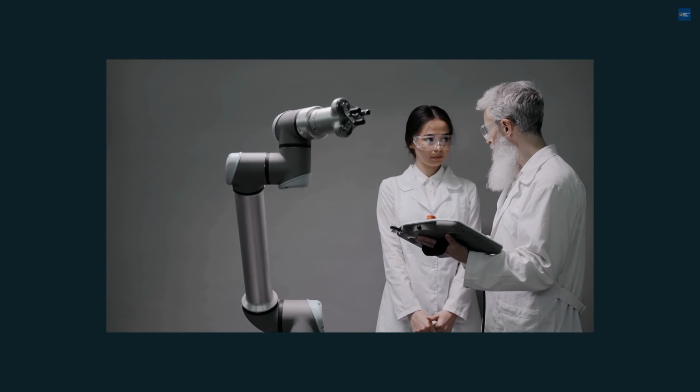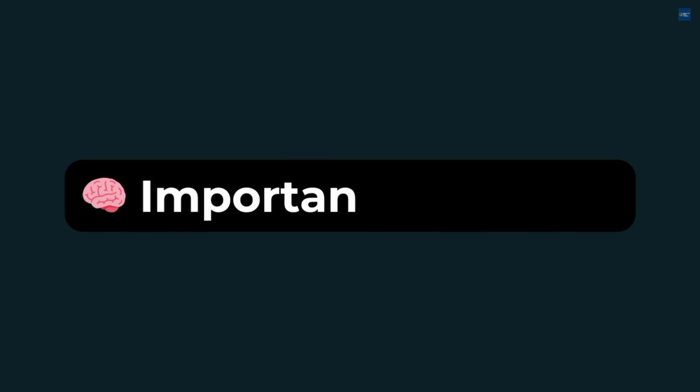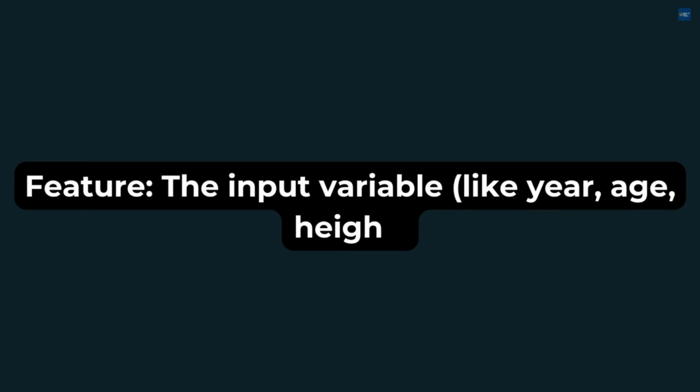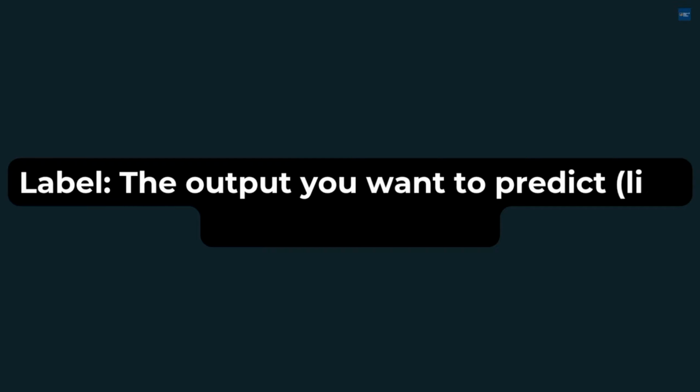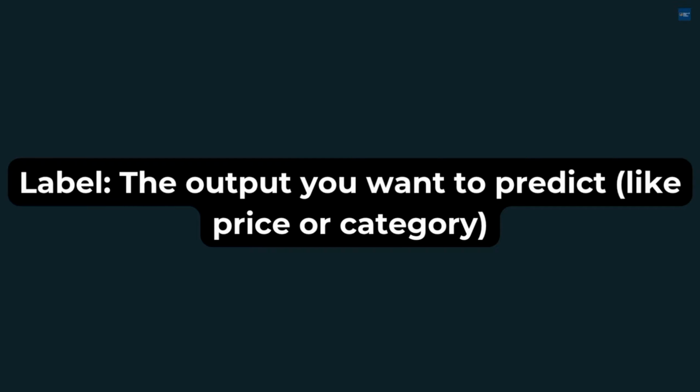Key terms. Let's go over a few important terms. Feature: the input variable like year, age, height. Label: the output you want to predict like price or category.